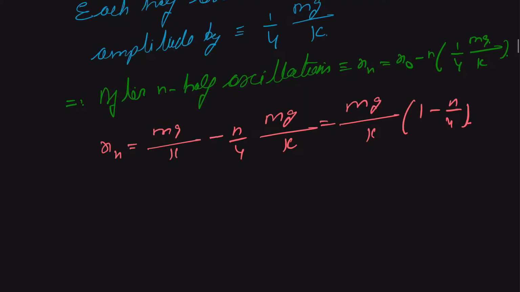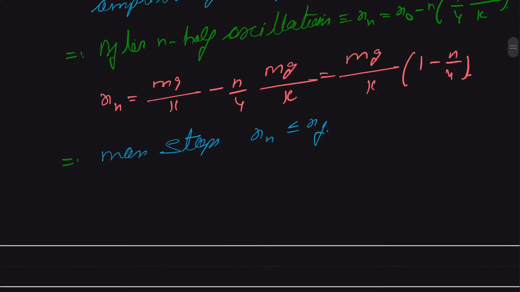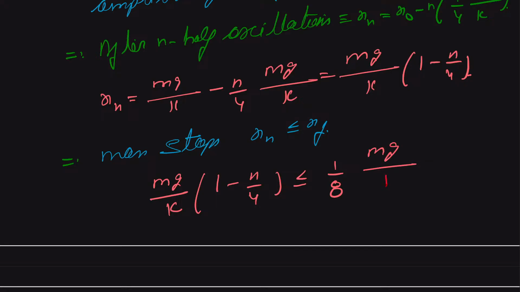And we already know that mass stops when x of n is less than x of f. So let us substitute it. We get mg upon k times 1 minus n upon 4 is less than or equal to 1 by 8 mg upon k.